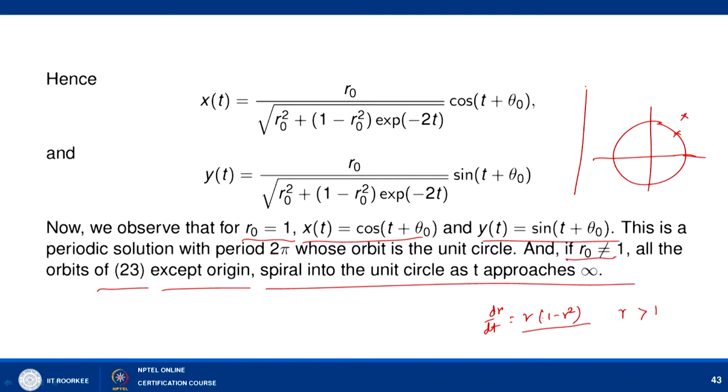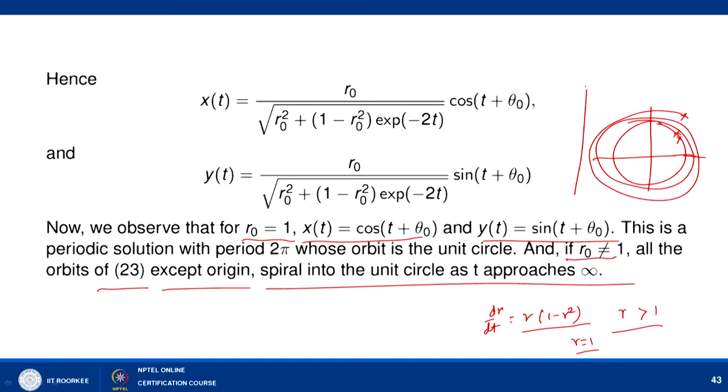It will ultimately come to the unit circle x square plus y square equal to 1, because as long as r is greater than 1, dr by dt is decreasing, but when r equals 1, as it touches the orbit x square plus y square equal to 1, dr by dt is equal to 0. So the radius vector will not change.